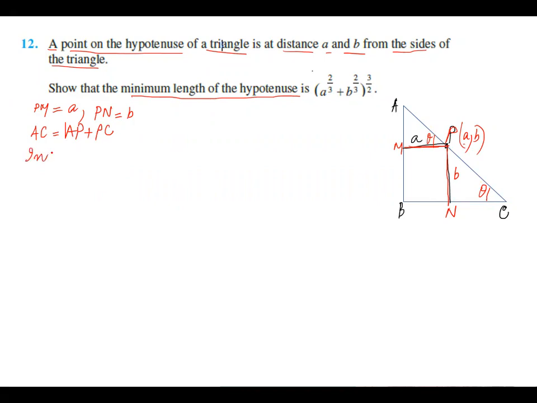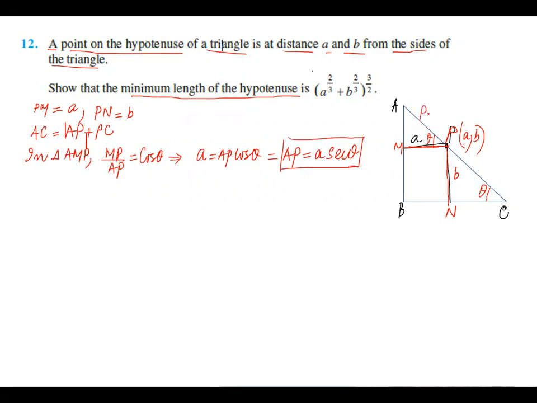In triangle AMP, MP by AP is equal to cos theta, or MP, which is a, is equal to AP cos theta, or AP is equal to a by cos theta, that will be a sec theta. So I found AP is equal to a sec theta. This is a, not P; by mistake it is written P.